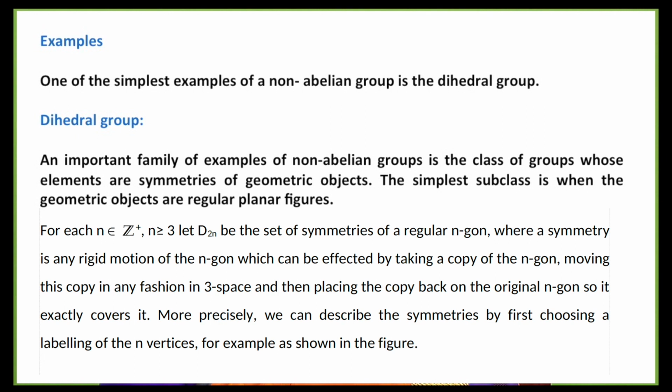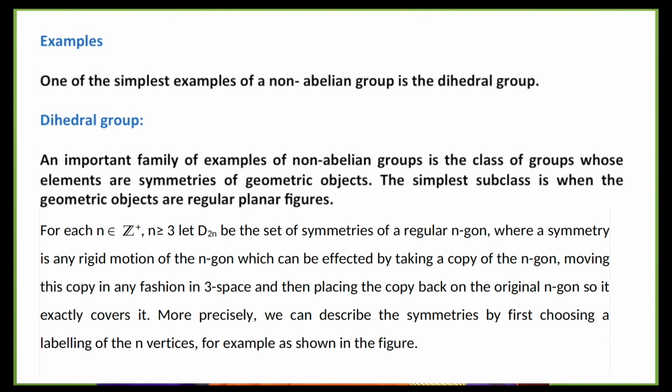For each n in Z, where n is greater than or equal to 3, let D_2n be the set of symmetries of a regular n-gon, where a symmetry is any rigid motion of the n-gon which can be effected by taking a copy of the n-gon, moving this copy in any fashion in 3-space and then placing the copy back on the original n-gon. So, it exactly covers it.